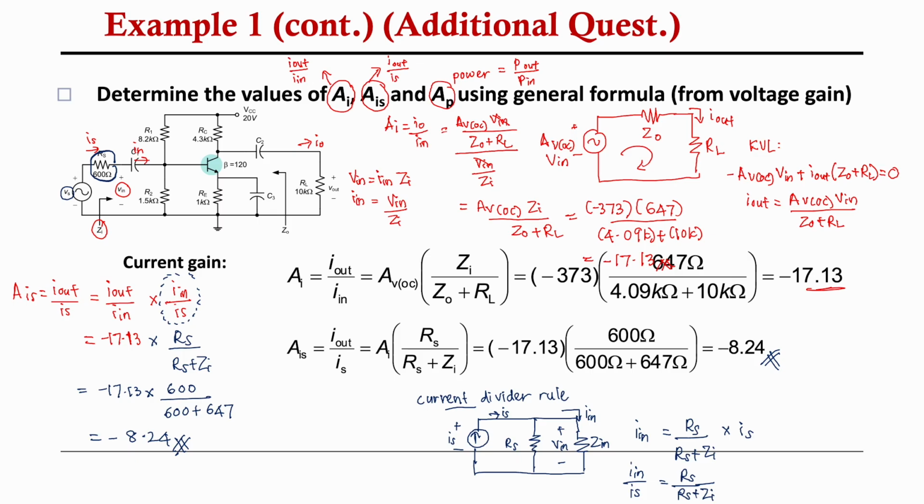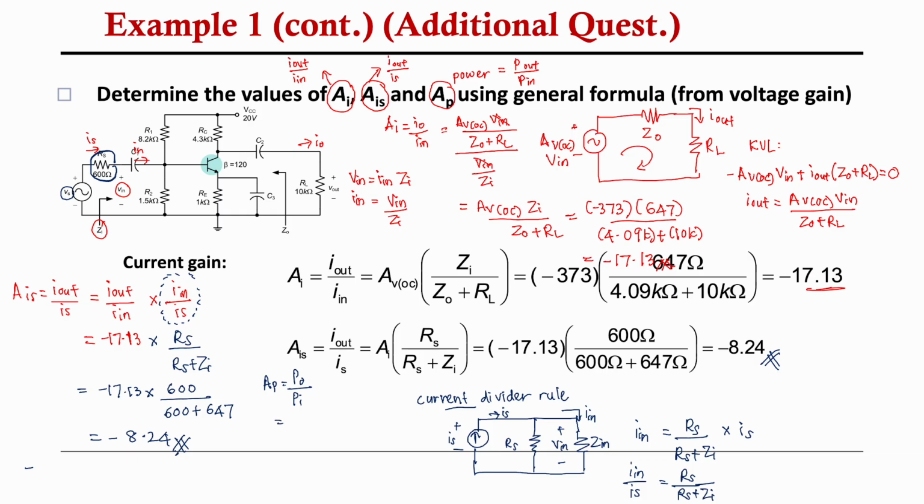Next, we need to find the power. AP is power at the output over power at the input.